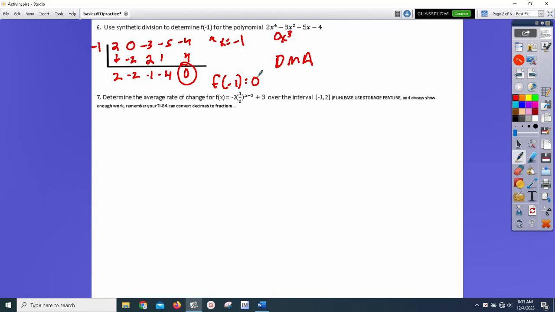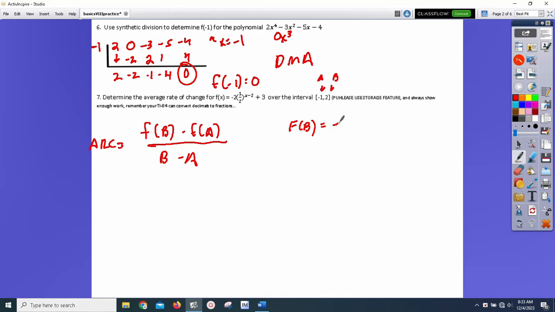Now, this is probably when everything's going to get weird for me because I'm going to fire up CMU and that's going to make my cursor quit working. But anyways, I need to plug into the formula f of b minus f of a over b minus a. This is my average rate of change, which you ought to know. So to find f of b, I'm going to plug in a 2.